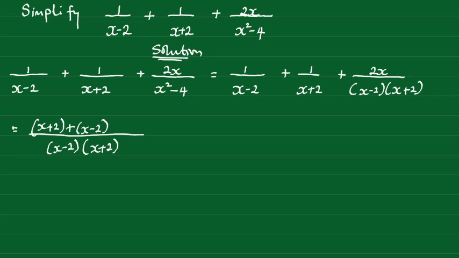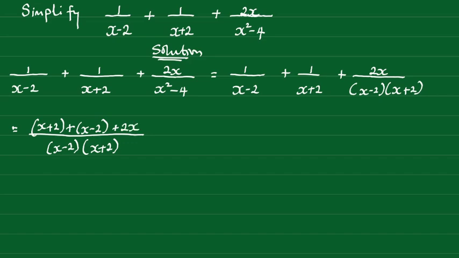Now we have (x minus 2)(x plus 2) divided by (x minus 2)(x plus 2). This will end up cancelling out themselves. I'll be left with nothing, or 1, and 1 times 2x, we end up having plus 2x.